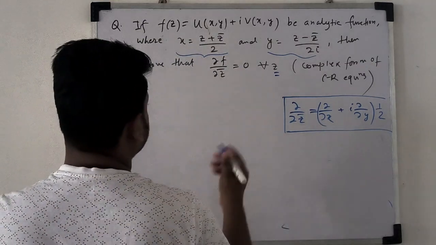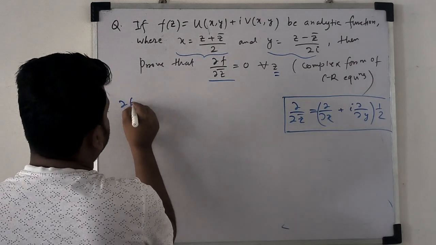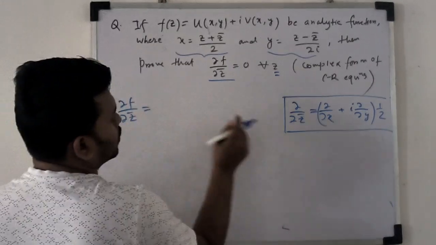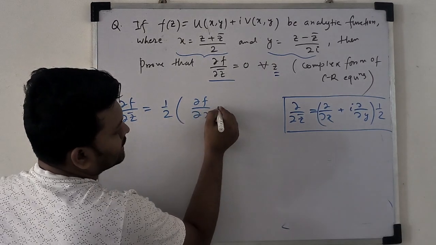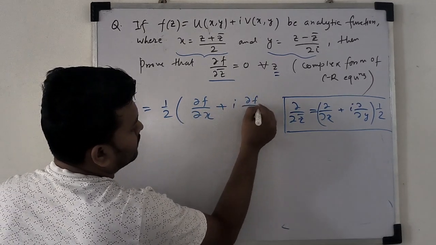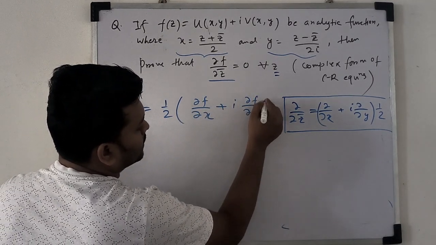We have to find ∂f/∂z̄, which will be one half times (∂f/∂x + i ∂f/∂y).